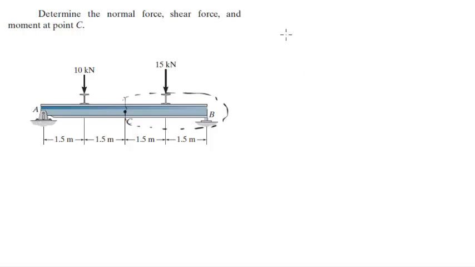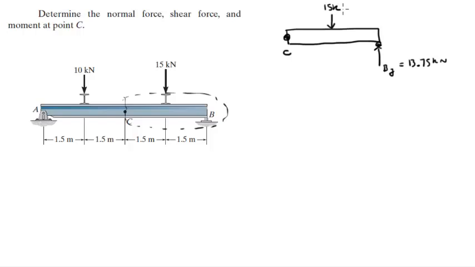And we're going to get this section where this right here is C. And this is the pin at B. And it has Vy, which we found to be 13.75 kilonewtons. And we have a force of 15 kilonewtons at 1.5. This is 1.5 meters and this is 1.5 meters.